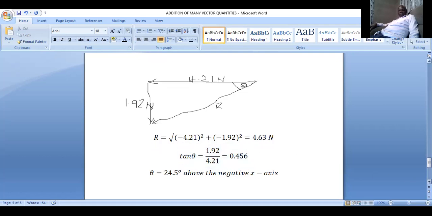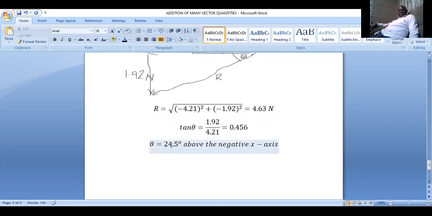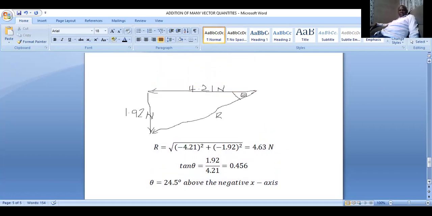And therefore, when you take the inverse of this, you get 24.5 degrees, which is above the negative x-axis.